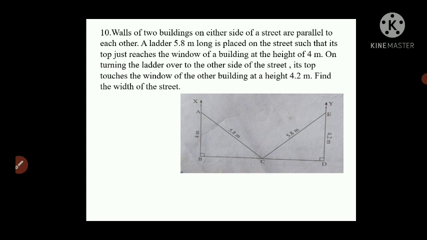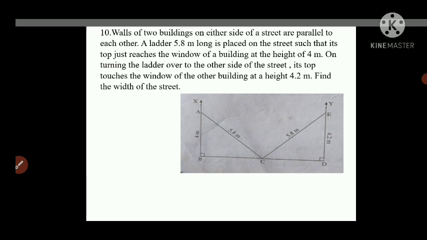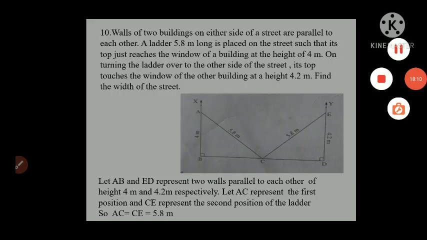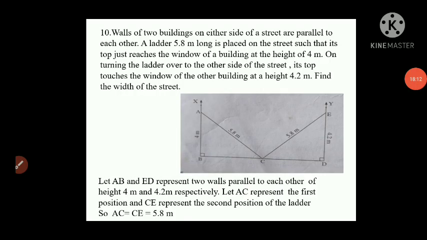Now see, the question is not understood, so what I will do, we will write the given statement very simply, so now you'll understand. Walls of two buildings on either side of a street are parallel to each other.